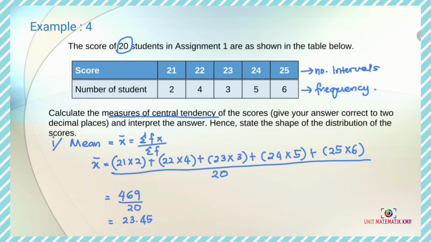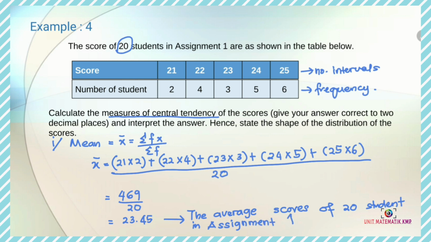And the interpretation for the mean is the average scores of 20 students in assignment 1 is 23.45.